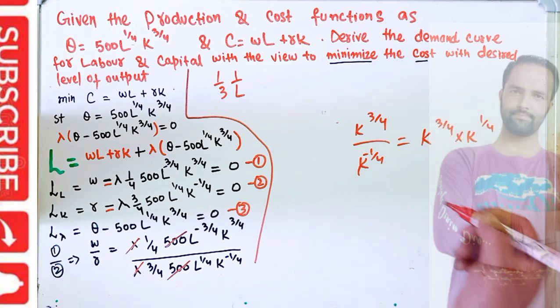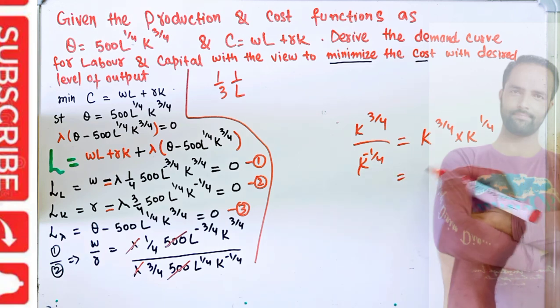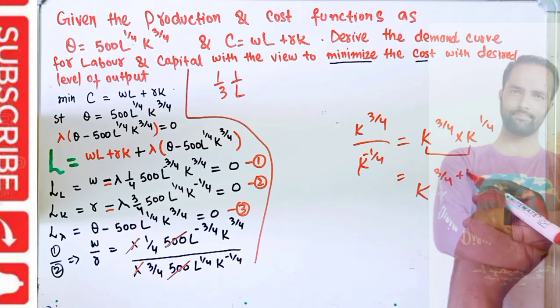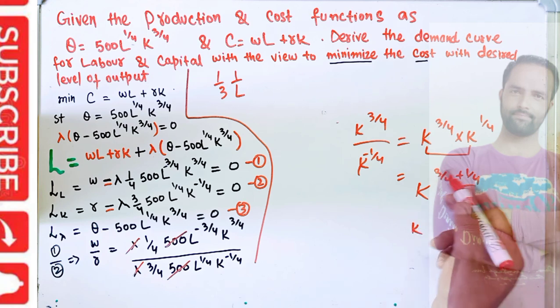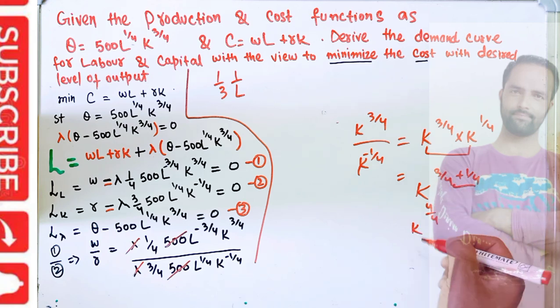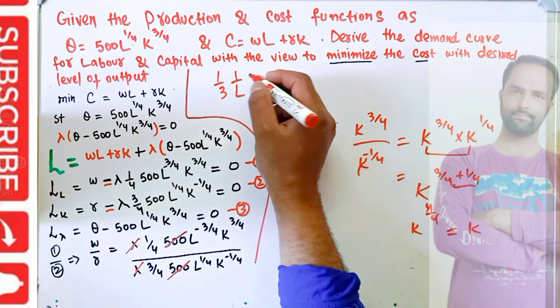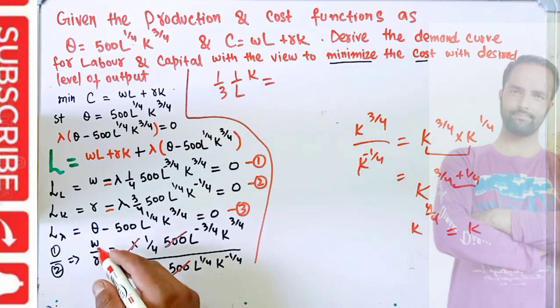Exponent sign gets changed if we transpose the numerator to denominator and vice versa. Bases are same, we can add up the exponents, 3 upon 4 plus 1 upon 4. Denominator is same, 4 upon 4, we are left with only k.